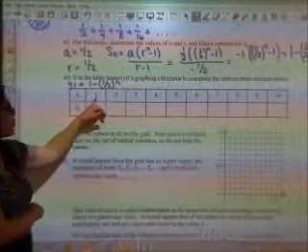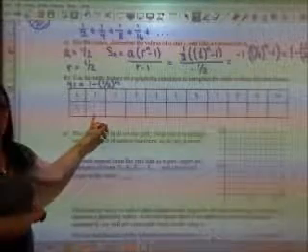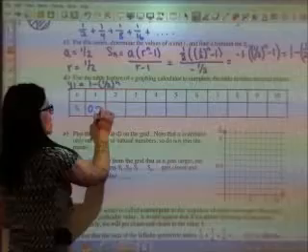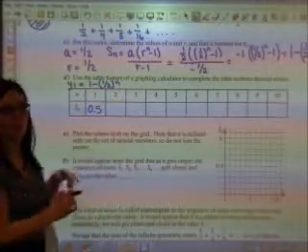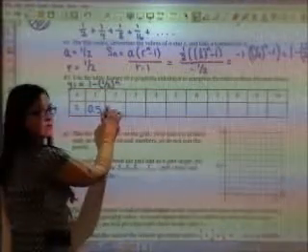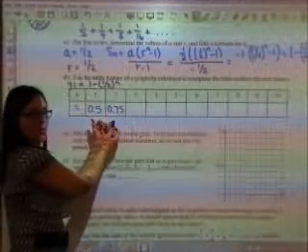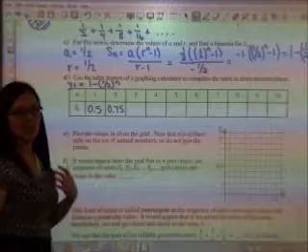So when x equals 1, y equals 0.5. When x equals 2, y equals 0.75, which is the 1/2 plus the 1/4, and so on.